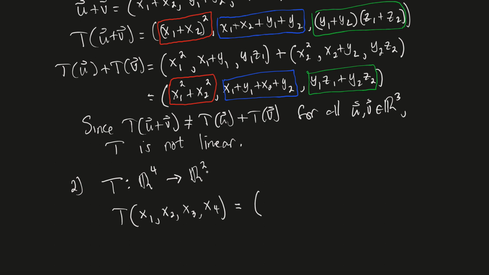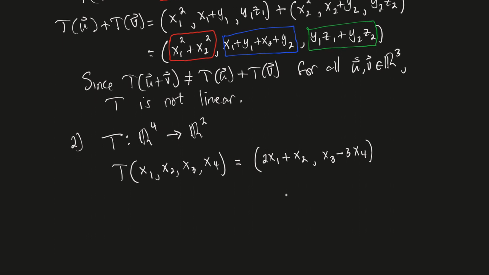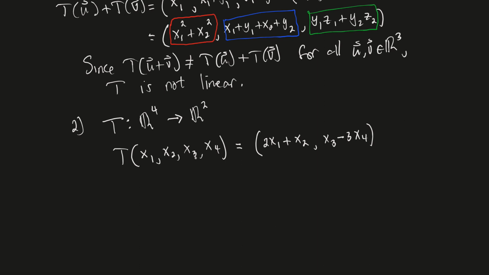It's going to create a vector in R2 by taking 2x1 plus x2, and then taking x3 minus 3x4, right? So this is the operation that my transformation does. It's clearly well defined. Any vector in R4 that I start with, I can always perform these operations. And let's see if this transformation is in fact linear, right?